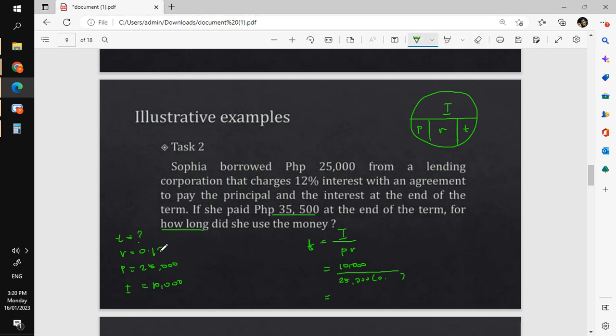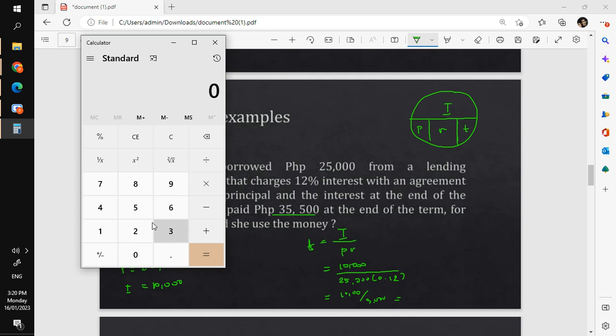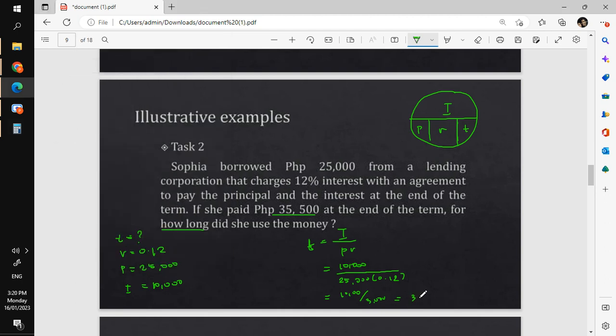So 10,000 over 3,000. This will give us 10,000 divided by 3,000, that gives us 3.33 years.